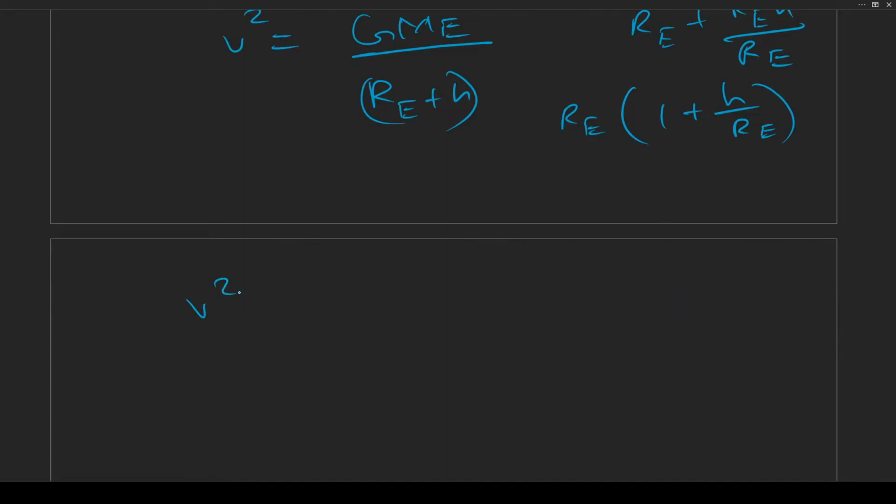So V square is equal to GME by RE into 1 plus H by RE.